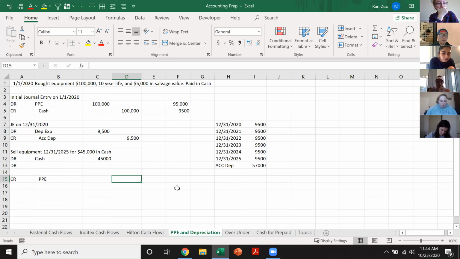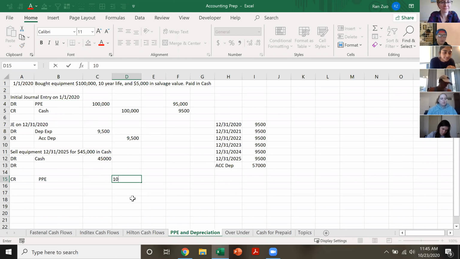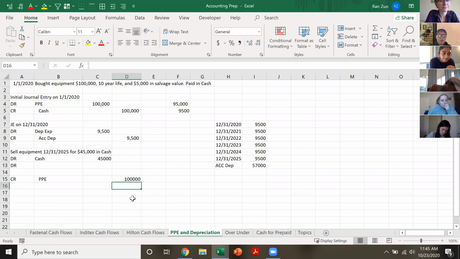A common mistake with selling PP&E is that the PP&E and the accumulated depreciation are separate accounts. Keep that in mind. So how much would you credit PP&E? $100,000, right? Because they're separate accounts, the PP&E here stays 100,000.